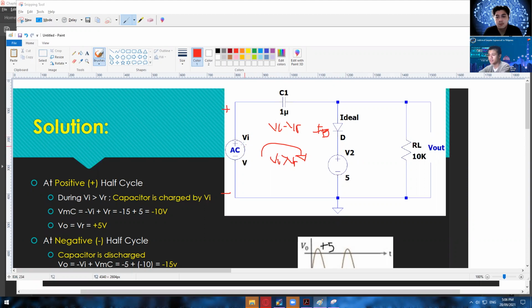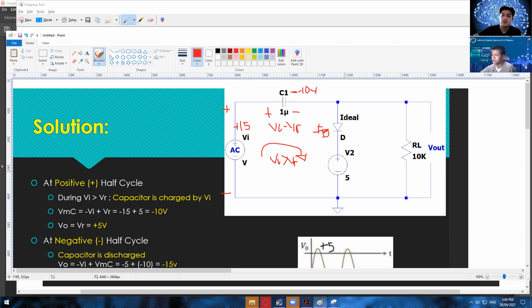VI is 15 volts for the positive half cycle, minus 5 is equal to 10 volts, or negative 10 volts, since it is the opposite: it will be positively charged and then negatively discharged. So that's it for the positive half cycle.